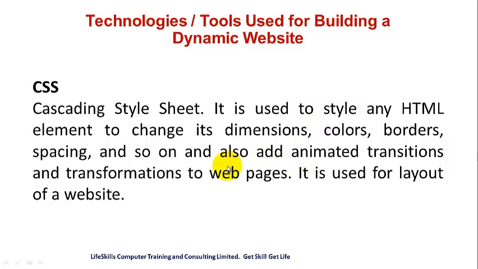The structure of the site is given by HTML, but the styling of the site, that is, giving it dimension, how wide is your website, the color, typography, the border, the spacing, the size or the font size, and every other thing, the animation you are going to add, the background color, and so on and so forth. They are done using CSS.